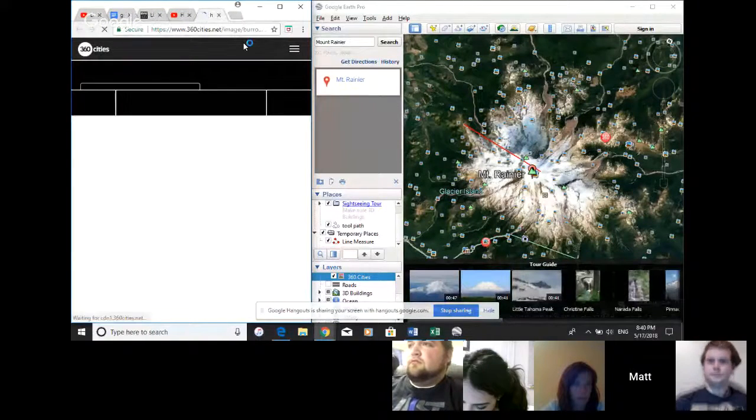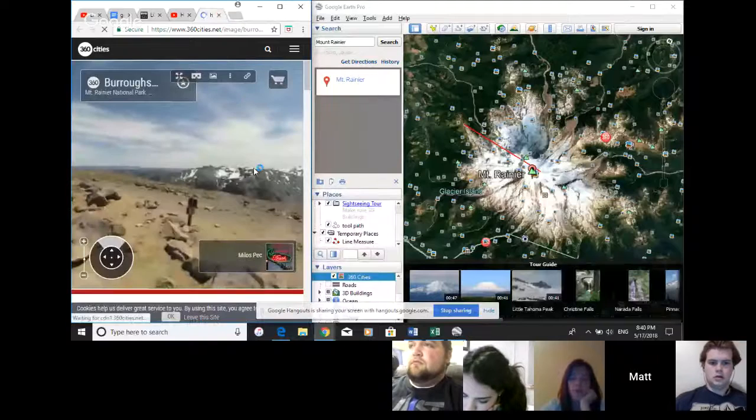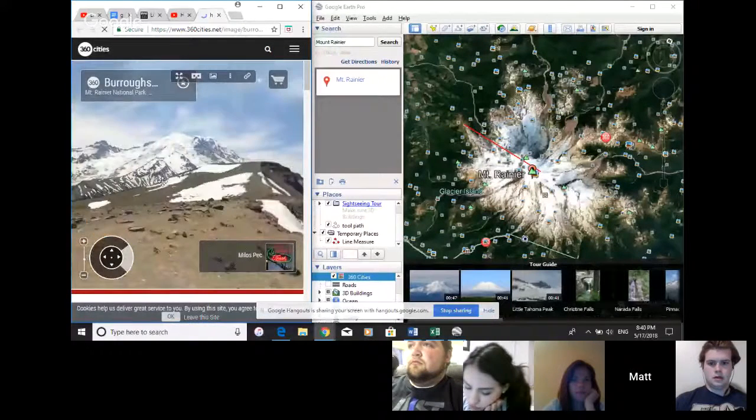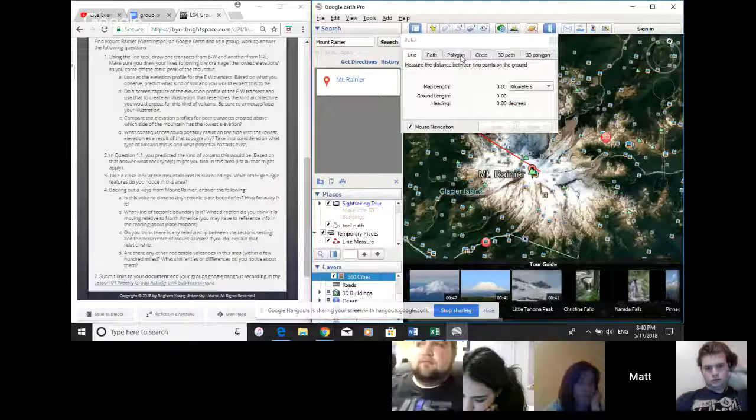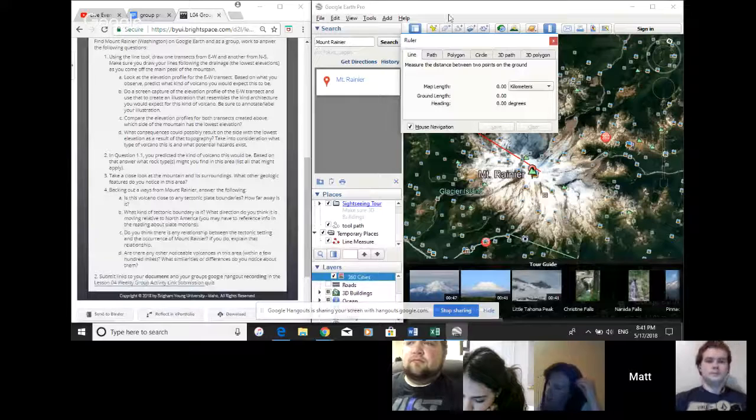Let me look up something really fast. If I view it in a 360 mode, it will take me to a different site, so that probably doesn't make much sense. How to get an elevation profile?